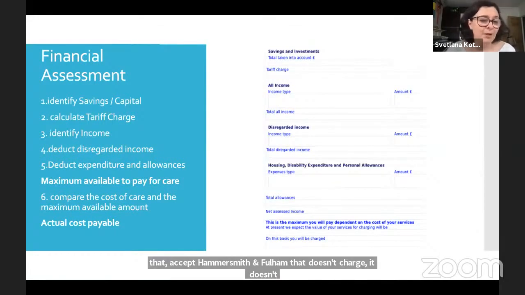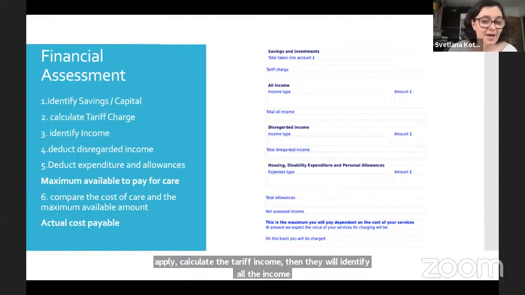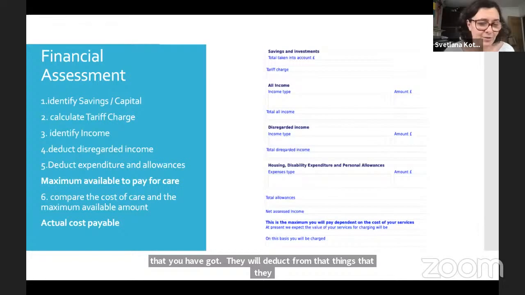So then they will calculate the tariff income. Then they will identify all the income that you've got. They will deduct from that things that they have to disregard, for example your earnings or your mobility component of PIP or DLA.